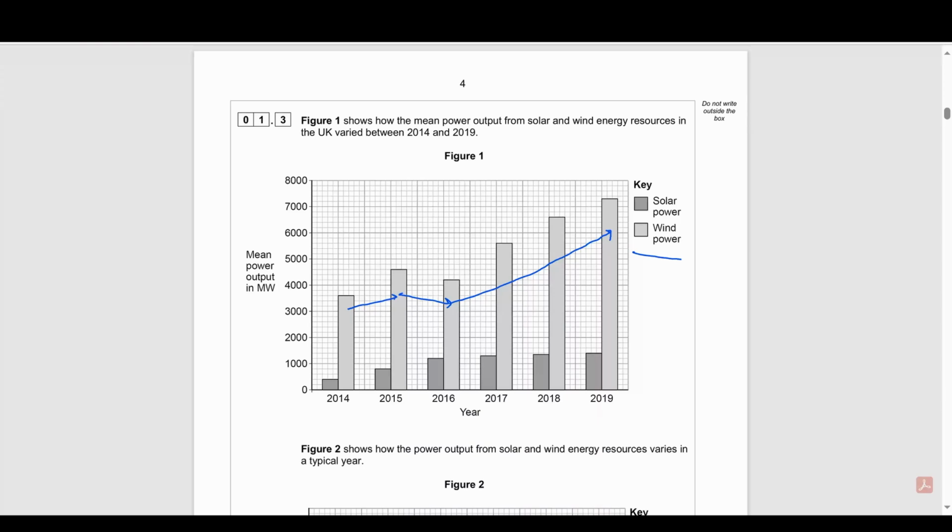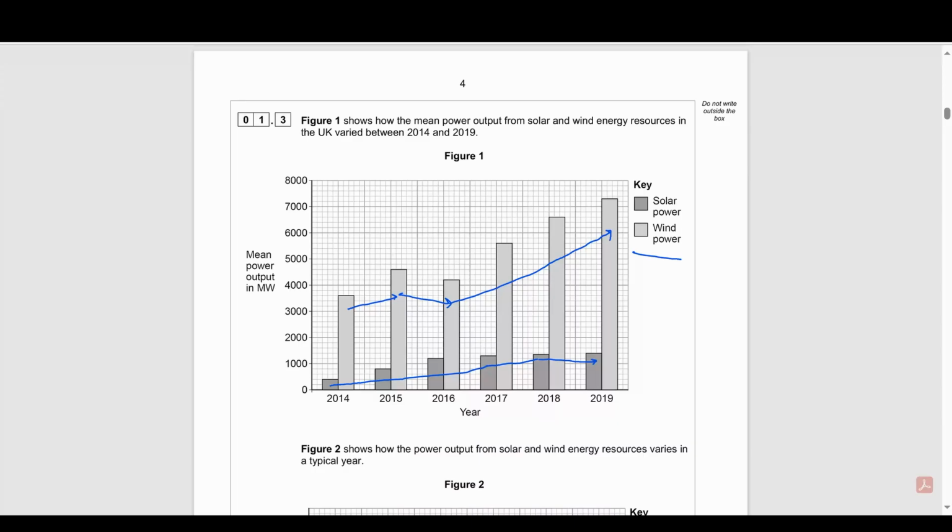For solar power, you can see that there's an increase from 2014 to 2017. But there is a slight increase from 2017 to 2018. About 2018 to 2019, it remains constant.